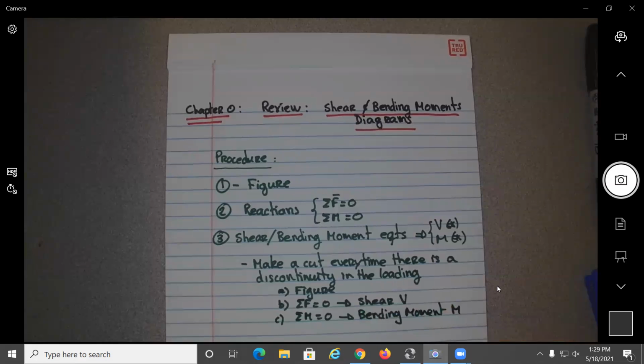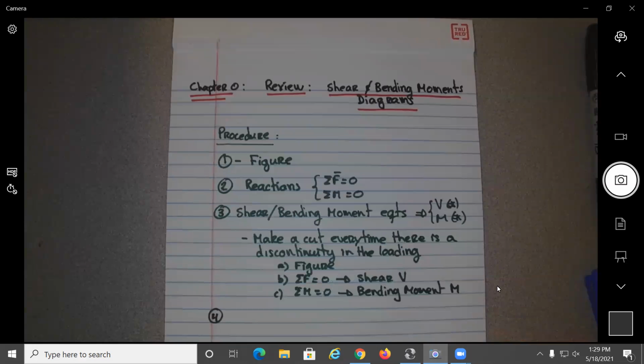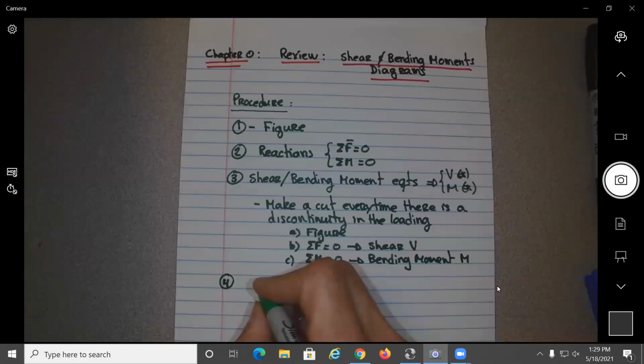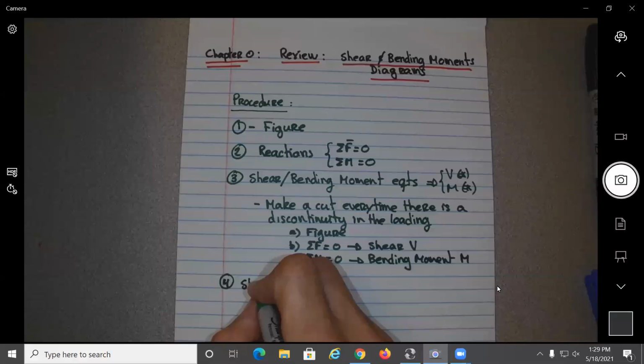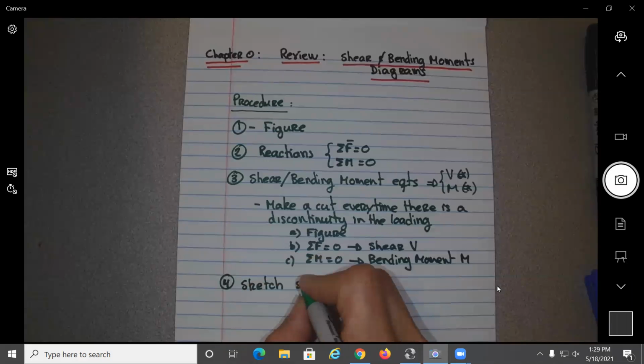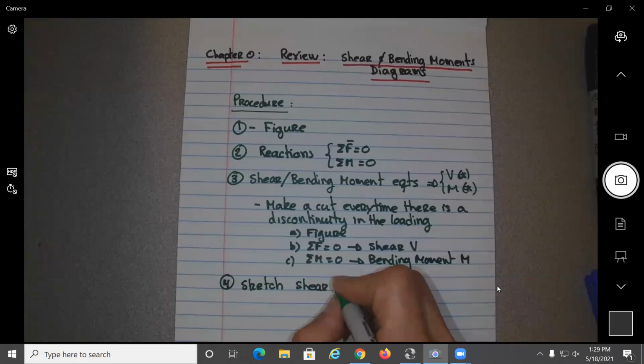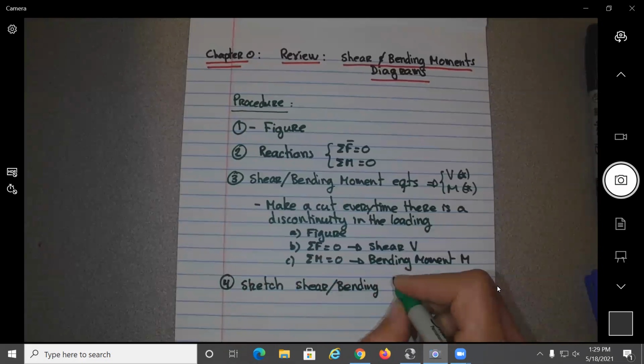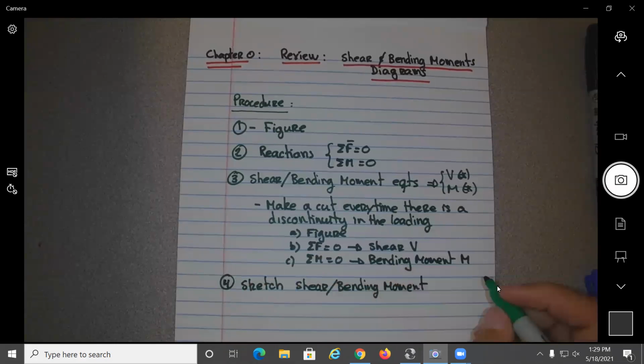And last, once you have all the equations for shear and bending moments, what you can do is you can sketch shear and bending moment. Okay, so this will be the diagram.